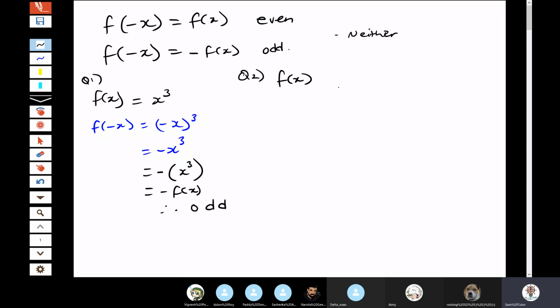f of x equals x to the power of 4 plus x squared. Are you ready for this? What's the first step? Always, regardless of what the question's asking.